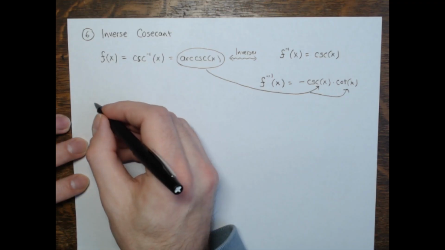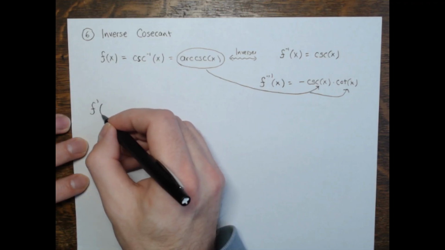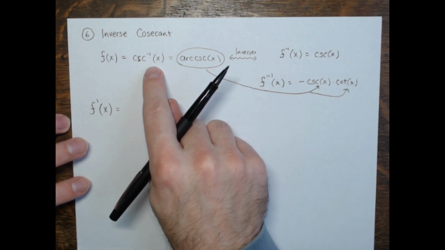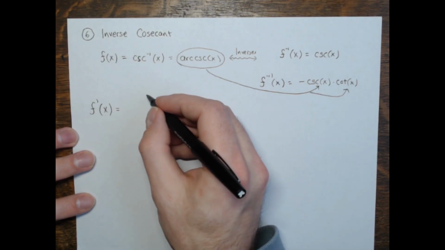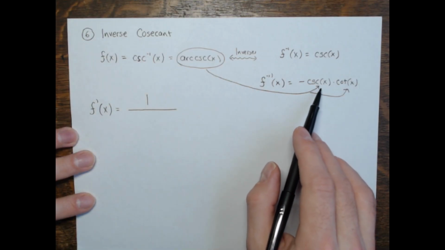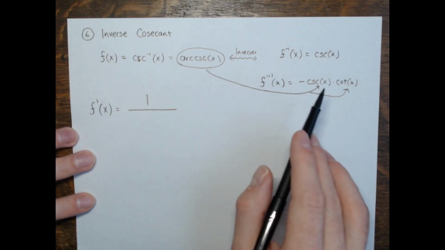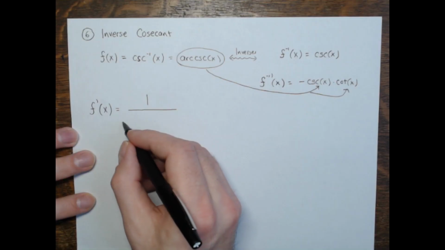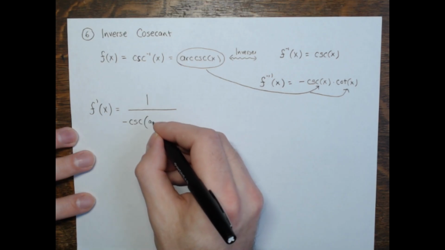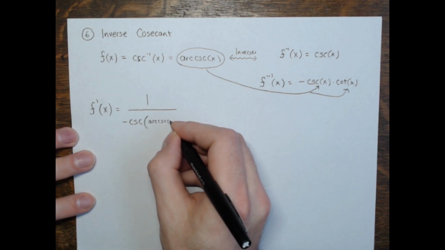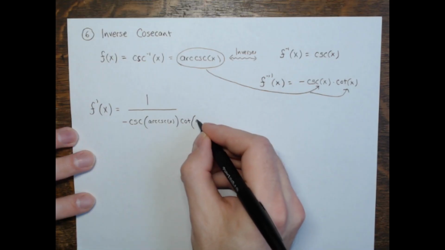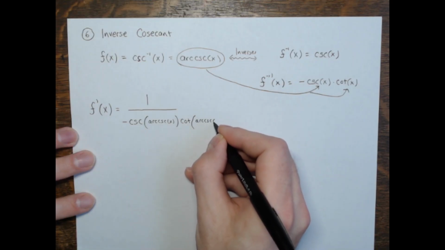So the derivative, f prime, of this inverse cosecant function is 1 over the derivative of regular cosecant with the inverse cosecant put inside. So the opposite of cosecant of the inverse cosecant of x times cotangent of the inverse cosecant of x.